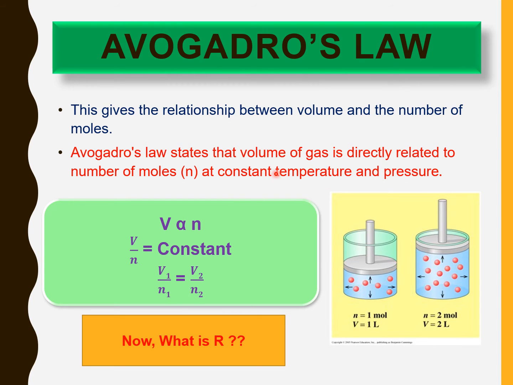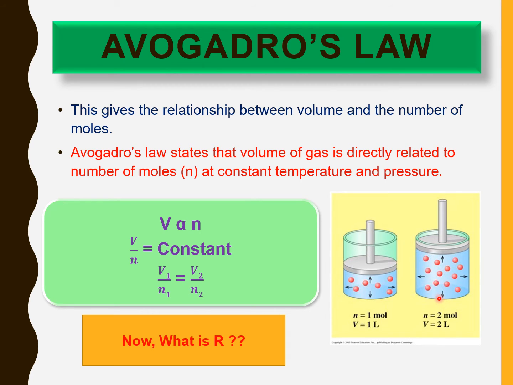He gave the equation V/n = constant, also written as V1/n1 = V2/n2. So if you increase the number of moles or the quantity of the gas, the volume of the gas also increases.